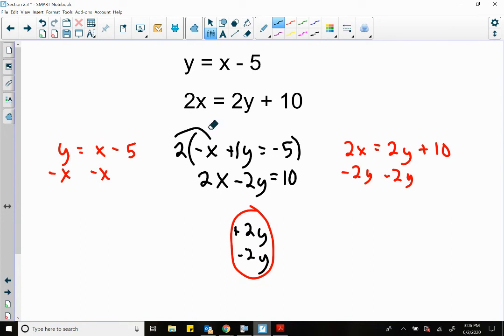So let's multiply through. 2 times negative X is negative 2X. 2 times negative 5 is negative 10. Because we already know what happens when we take the 2 times the Y. Down below, the equation is going to stay the same. So that's 2X minus 2Y equal to 10.